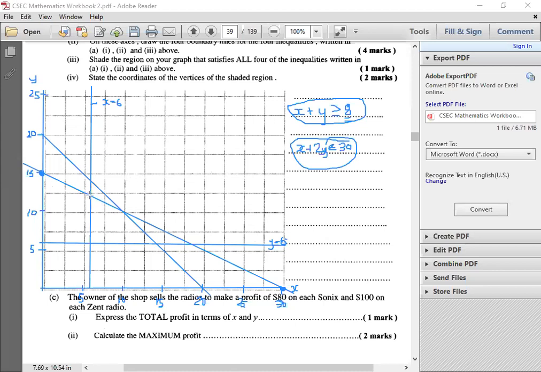So the points that you are going to identify would be right here, right here, right here, right here where it meets, and right here. So this area, CSEC will tell you to put in the letter S. That area is the area that is bounded by all 4 lines.